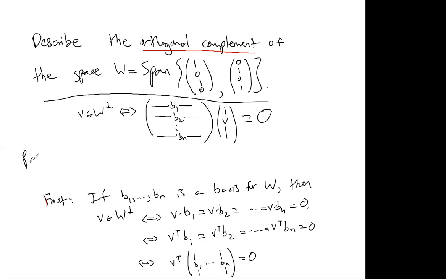So V is in W perp if and only if it satisfies this matrix equation, which is saying that V is in the null space of the matrix you get by taking any basis of W and forming a matrix with the rows being those basis vectors.